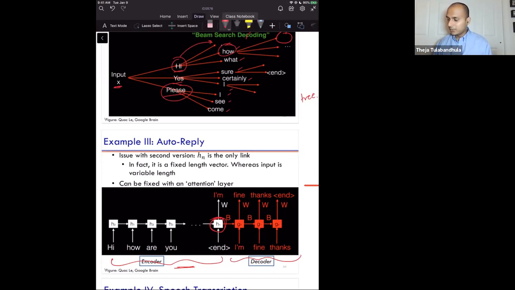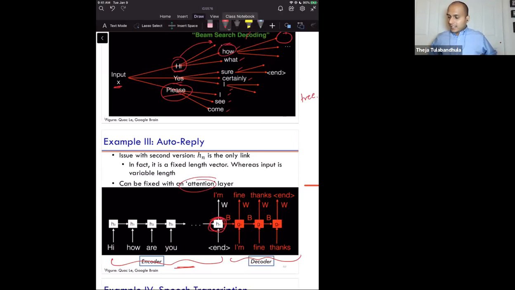This vector is actually fixed length, maybe 100 dimensions, maybe 50 dimensions. So it's unclear whether this fixed length vector is going to capture all the information that was there in the email. So one way to fix this is to use what is called an attention layer.